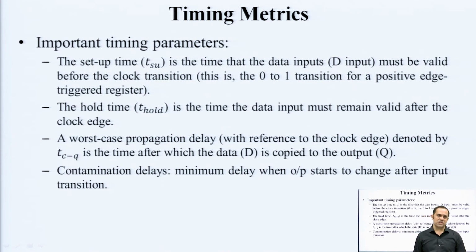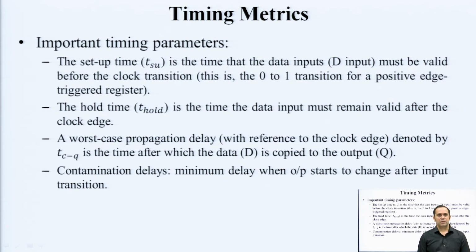In a sequential circuit, you can define propagation delay either with respect to the clock or with respect to the input. In a combinational circuit, there is no clock present, so the propagation delay is only measured with respect to the transition in the input. In a sequential circuit, you can define propagation delay, and likewise contamination delay, with respect to the input.